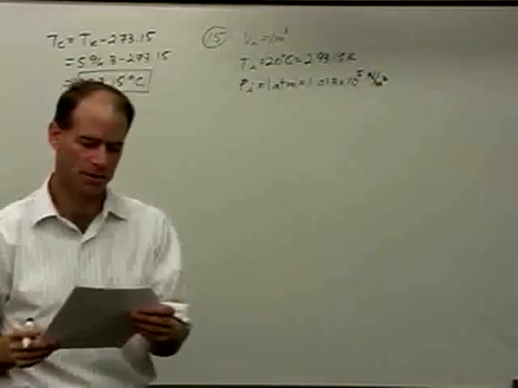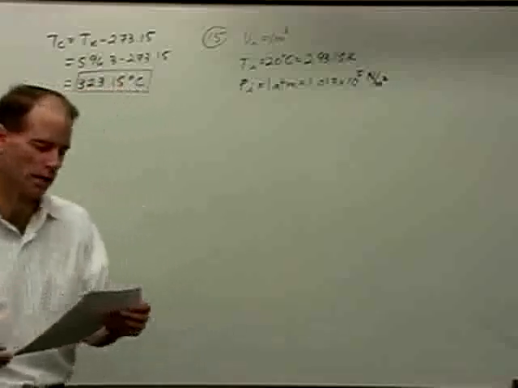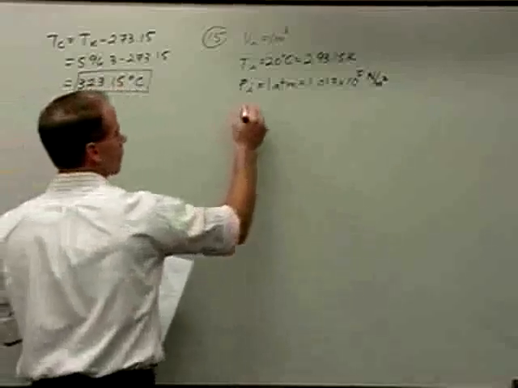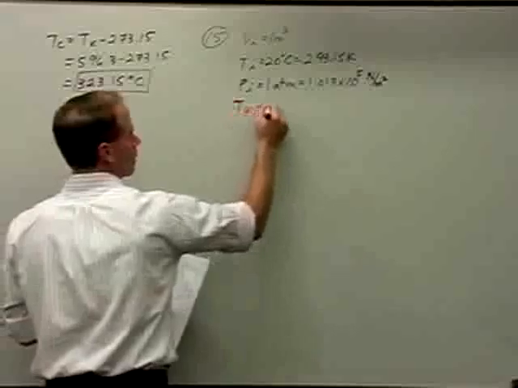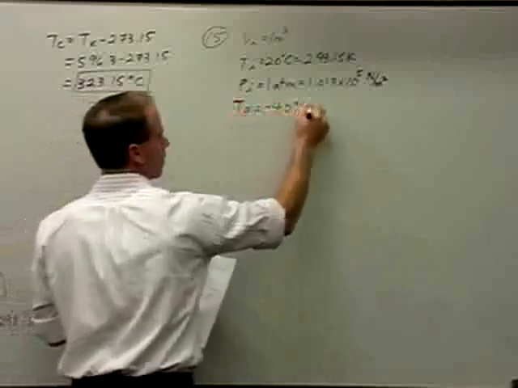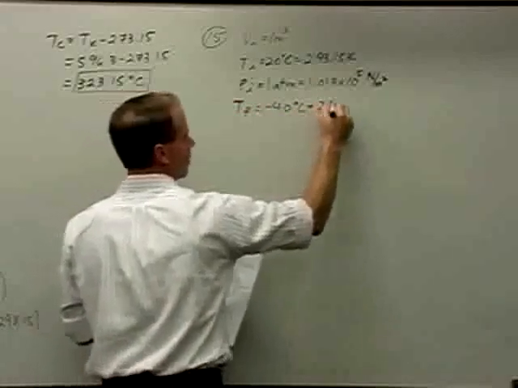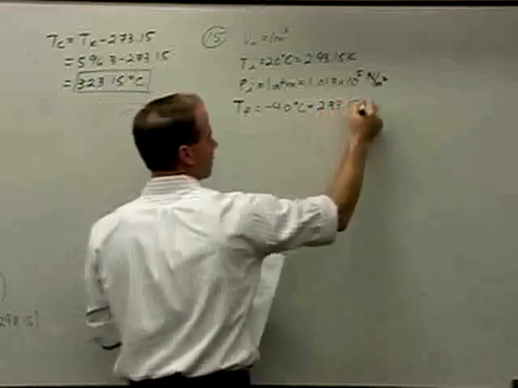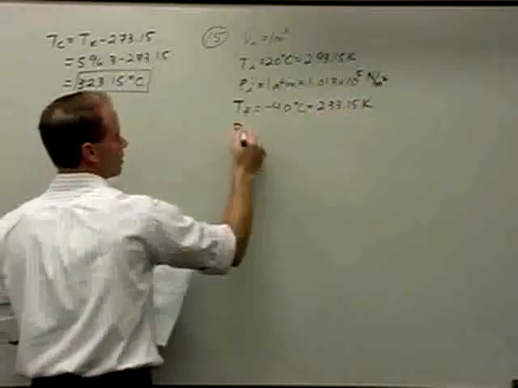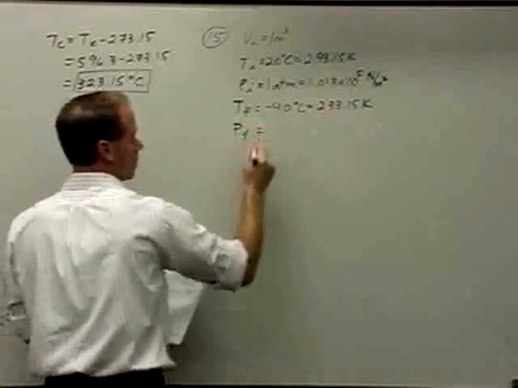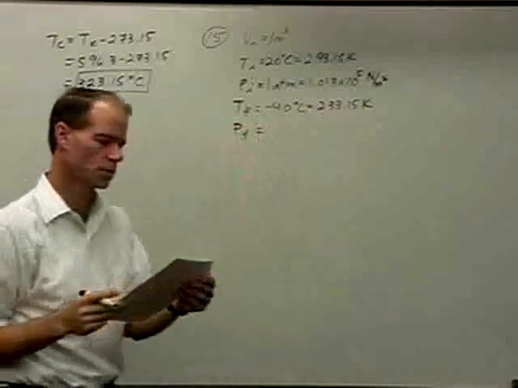And its final temperature was minus 40 degrees Celsius. So that is 233.15 Kelvin. And the final pressure was 0.1 atmospheres.